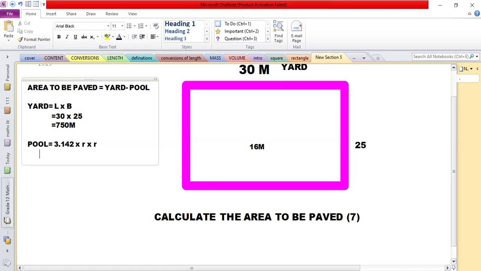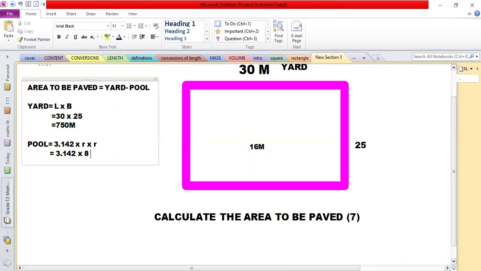What is it going to be? Please focus. It's going to be 3,142 times radius. The radius I've already indicated: it's 16 divided by 2, which is obviously 8.